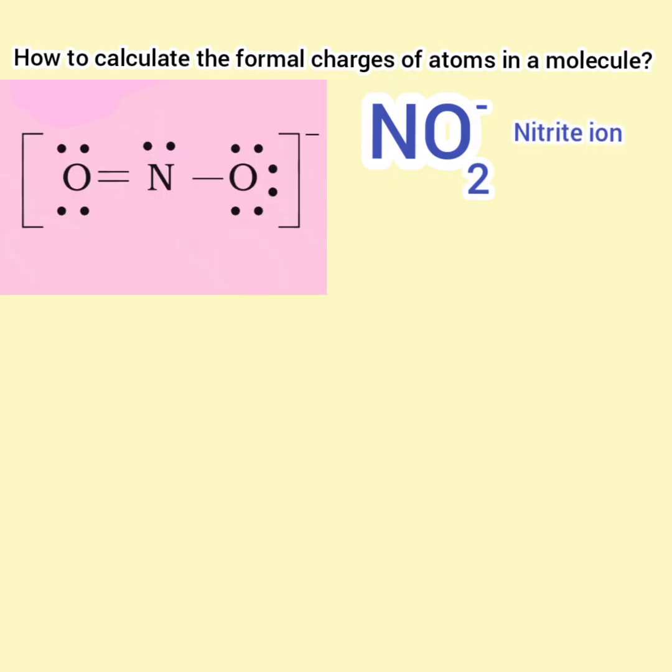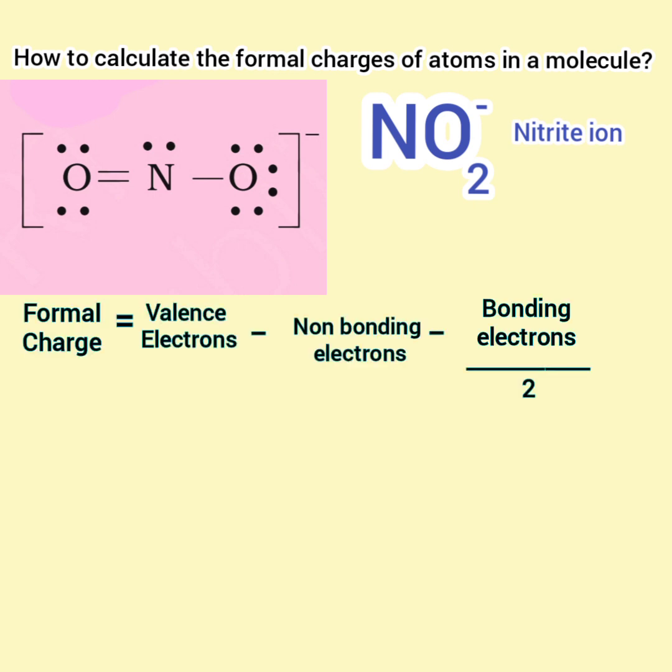Here we take the NO2 minus ion. In this molecule we have 3 atoms, 1 nitrogen and 2 oxygen atoms. Let's find the formal charge of every atom present in the NO2 minus ion. Formal charge is equal to valence electrons minus non-bonding electrons minus bonding electrons divided by 2.